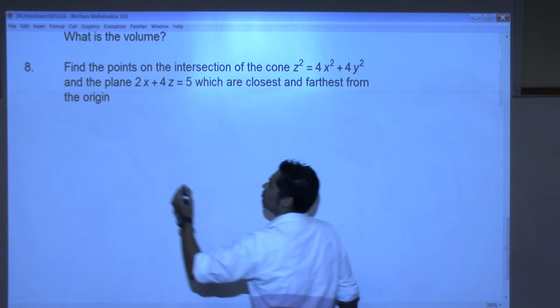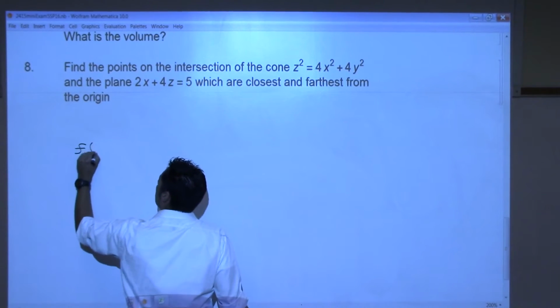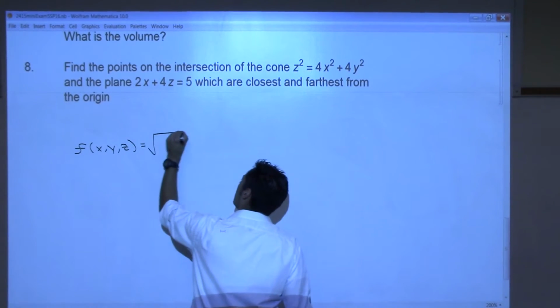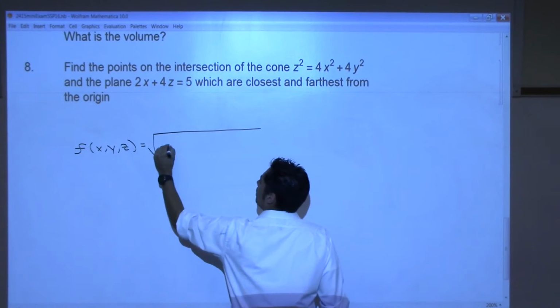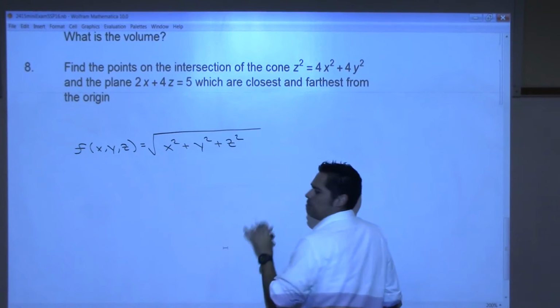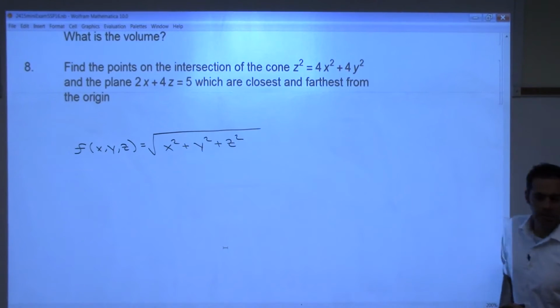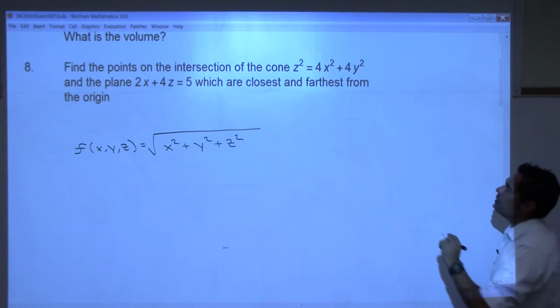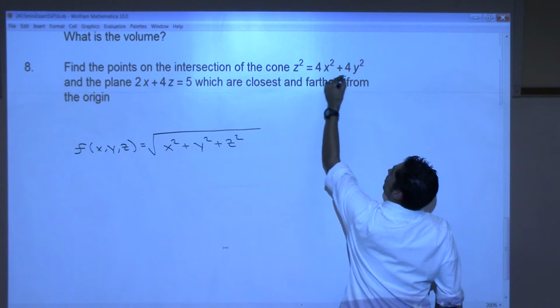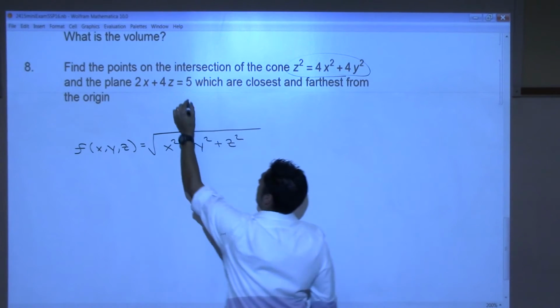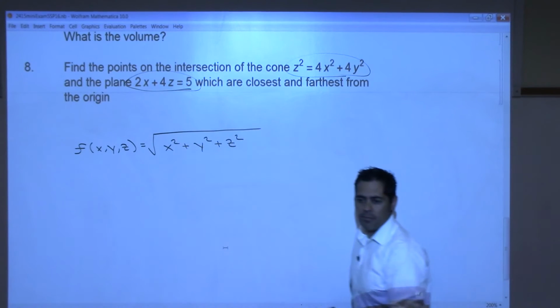The objective function would have been the distance function, which would have been the square root of x squared plus y squared plus z squared. So I'm assuming you at least got that much of it. And then there are 2 constraints, right? Constraint 1 is this one, move everything to one side. The second constraint is this one, right?